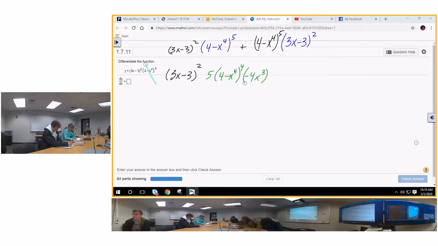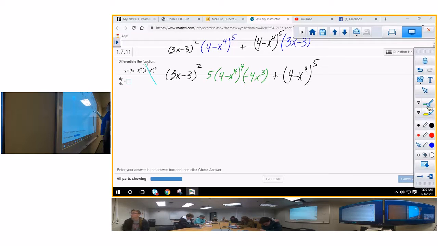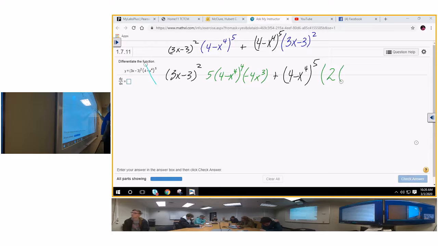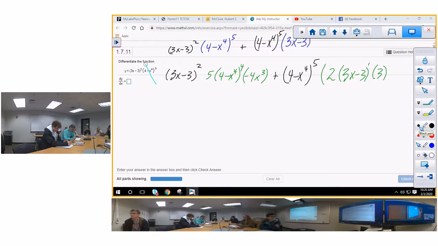Plus the second: 2 times 3x minus 3 to the first power times 3. So that's going to be that negative 4x to the third and 5.